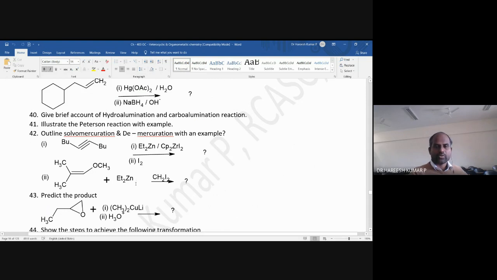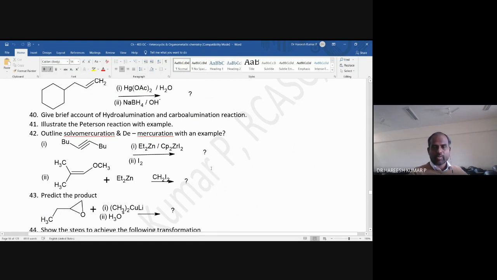In this case also, I think you are aware about one name reaction. In this addition, initially there will be addition of ethyl zinc to the double bond. The more substituted one will add to the ethyl group, the less substituted one will add to the other. In that name reaction, it will act as a source of carbon. That carbon will add to the double bond, forming a cyclopropanation.